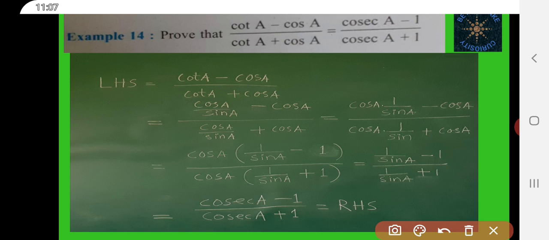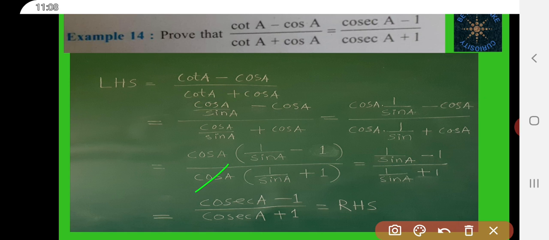Now you take common cos A, then what is left? 1 by sin A, here nothing is there, means 1, so minus 1. Okay. In the denominator also take cos A, then what is left? 1 by sin A plus, here nothing is there, means 1 is multiplied, so 1.